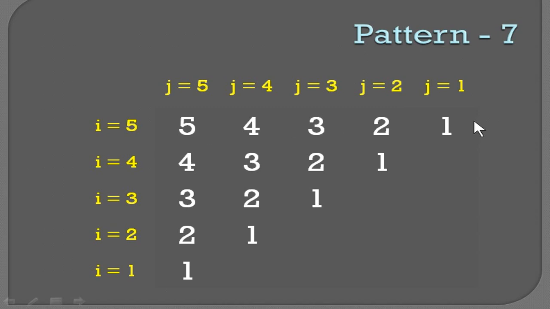Then look at the j value. In the inner loop, the start value is different but the end value is the same. That means the j value ends with 1 every time, and it is decreasing. So the start value will always be the i value. If the i value is 5, it starts with 5; if the i value is 4, it starts with 4. So it goes on like that.